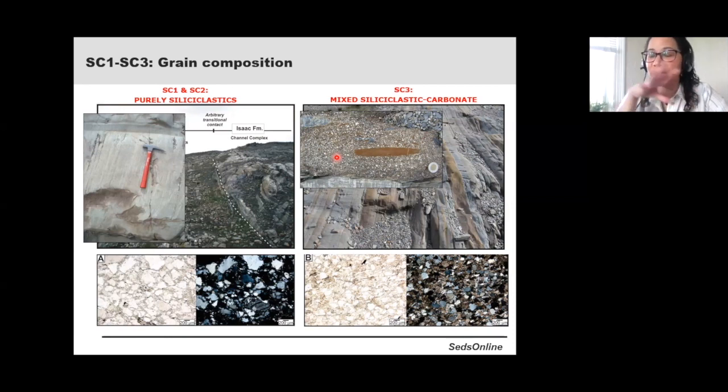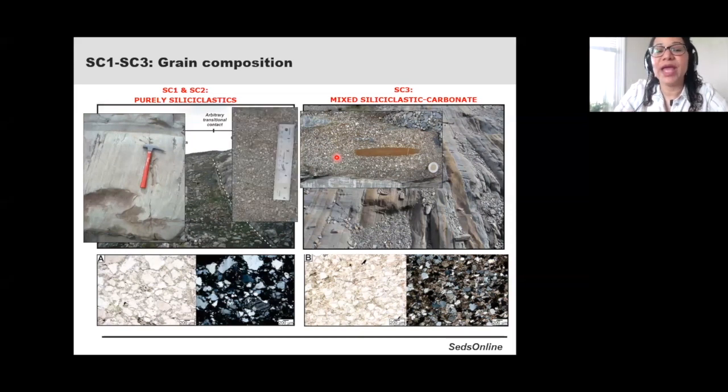So one thing we did was ask where exactly the carbonate starts appearing within the interval. I went up and down until I found that the carbonate definitely starts showing up in the channel fields. It is not as high in proportion as in the upper complex, but there is a good amount of carbonate clasts within those channel fields.